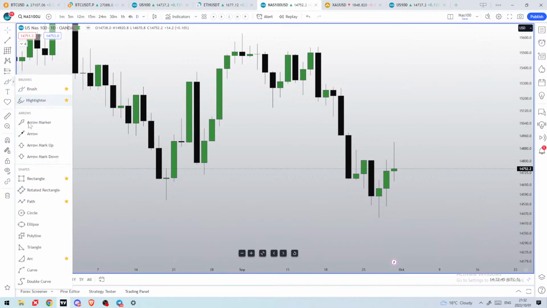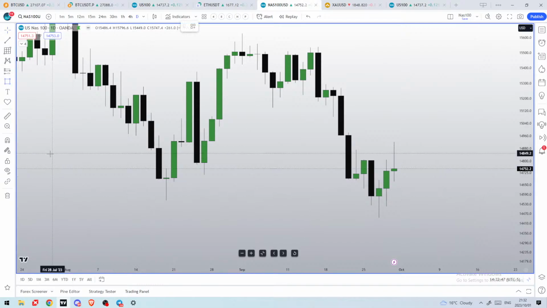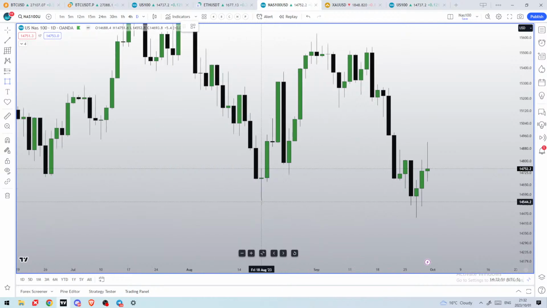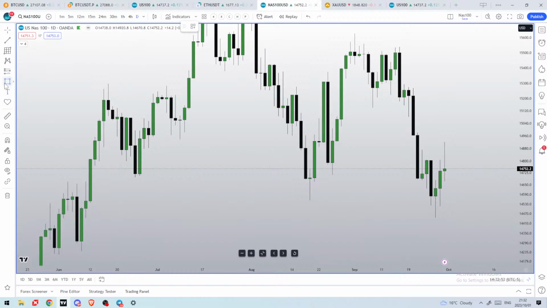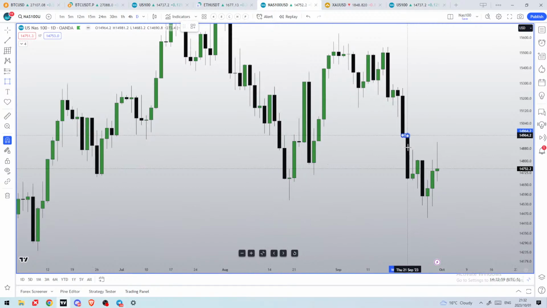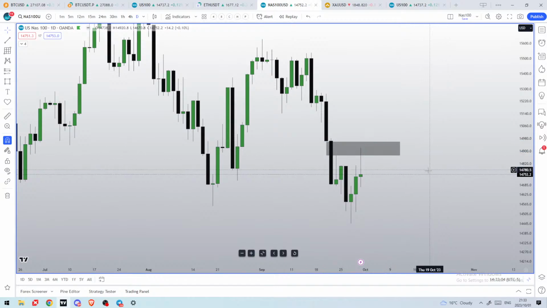Now, if reversals seek liquidity pools and retracements seek imbalances, then if your expectation is of price to head lower, then you're not expecting full-on reversal from that particular point of interest, right? It may just be around on the low.